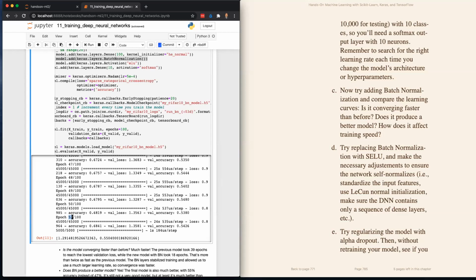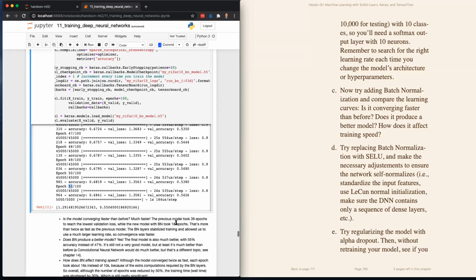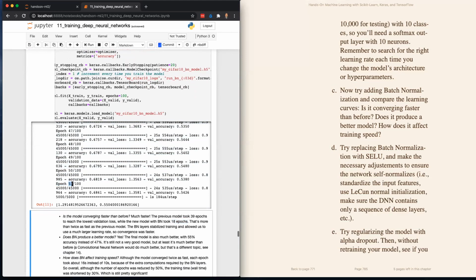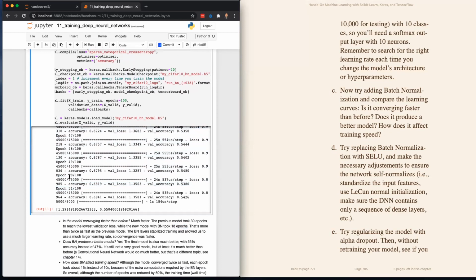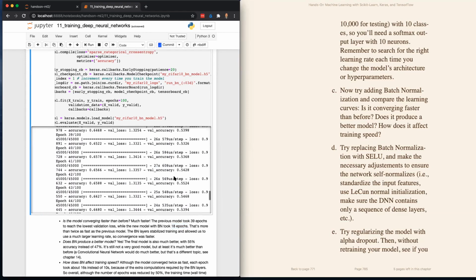Here it's reaching it at 31, so not a huge difference. However, for him it's taking 18 epochs, which didn't come out for me. I ran it twice, and both times I never received this 18 epochs. 18 plus 20, let's say 38 epochs. I never received this. Let's have a look at the validation accuracy or validation loss. We can look at either of them.